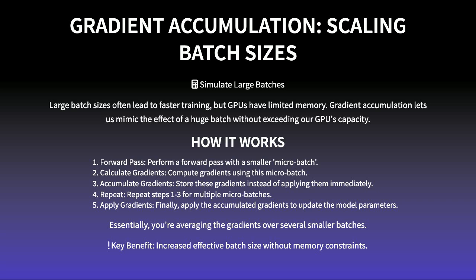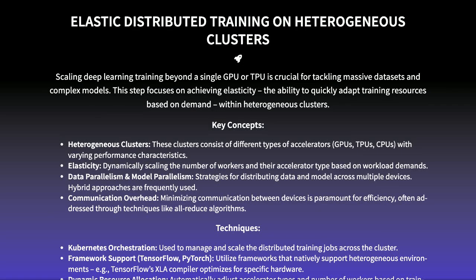You do this several times over, and finally, when you've collected enough accumulated gradients, you apply them to update your model's weights. It's a clever way to get the benefits of a huge batch size without running into memory issues.